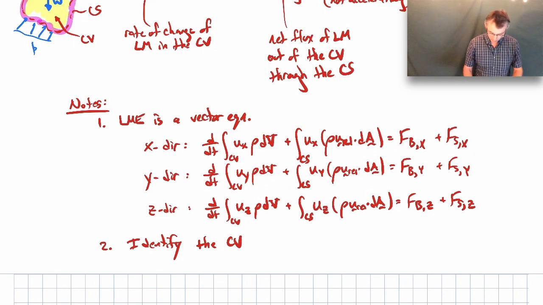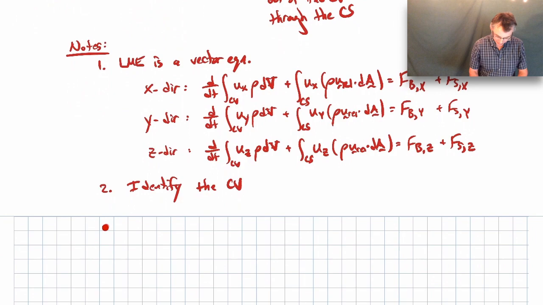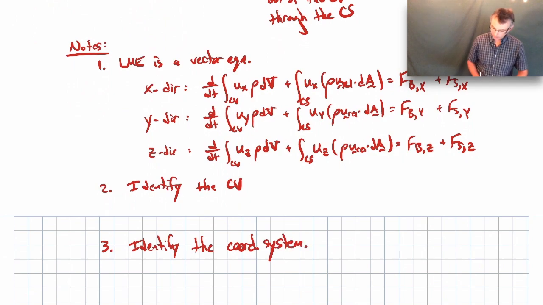So identify your control volume. The other thing that you want to do is identify your coordinate system or frame of reference. Because the linear momentum equation depends heavily on what kind of coordinate system you're dealing with, you need to show what the coordinate system is, and it needs to be clear whether that coordinate system is accelerating or not accelerating.